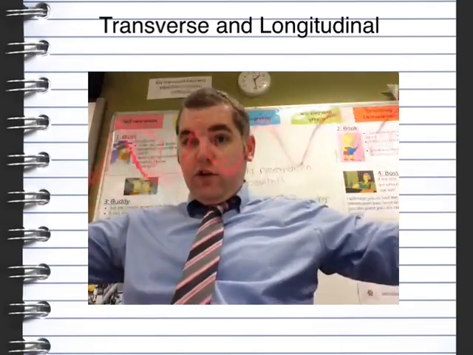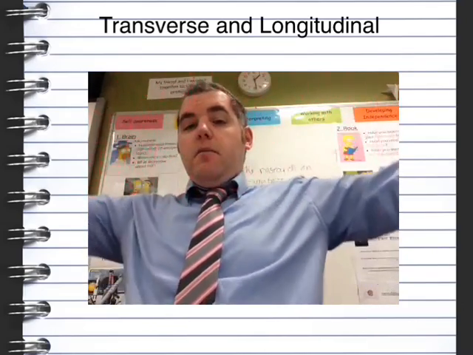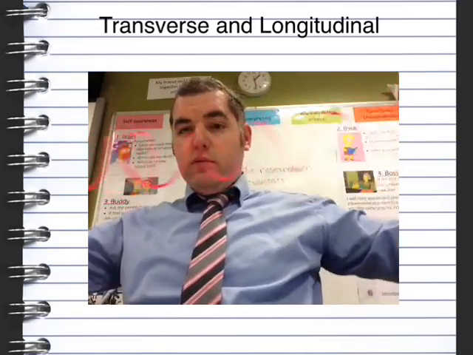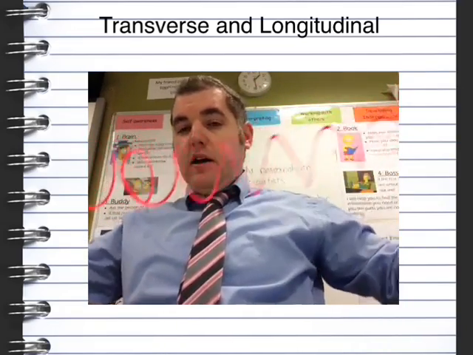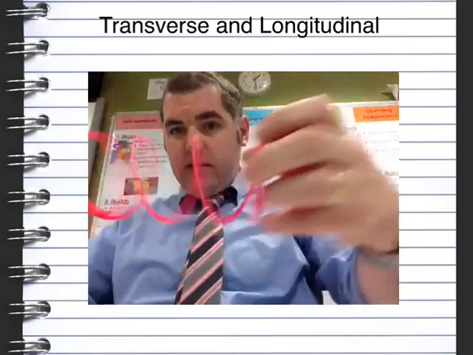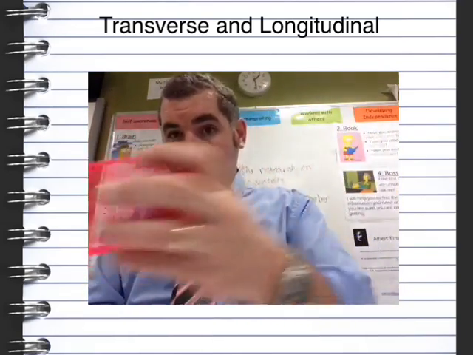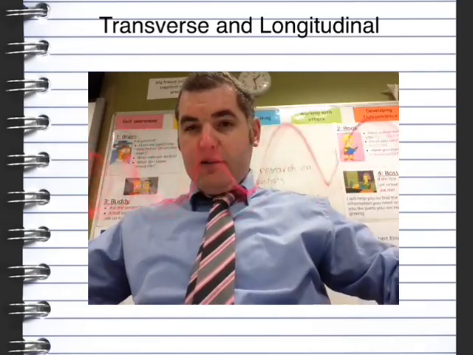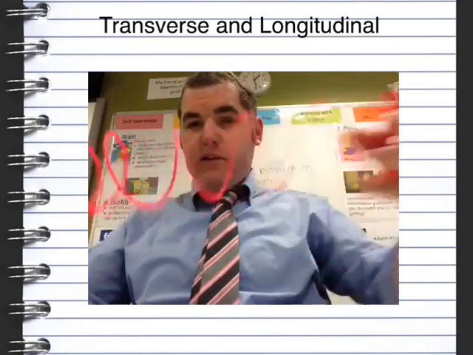Whereas a longitudinal wave, instead of going up and down, goes backwards and forwards. In this you get areas where it contracts and areas where it expands.